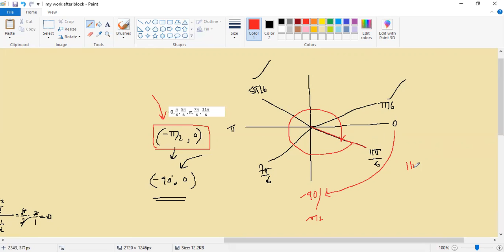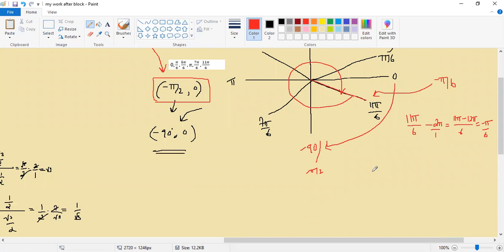So if I were to take 11 pi over 6 and go 360 degrees, which is just going 2 pi, then this would essentially give me 11 pi minus 12 pi over 6, which is just negative pi over 6. So the angle negative pi over 6 is coterminal with the angle 11 pi over 6. And you'll notice that negative pi over 6 is just negative 30 degrees.